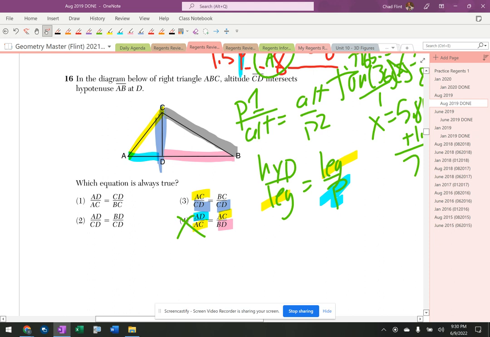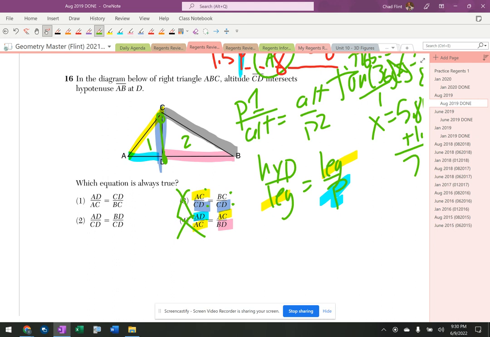But here's the problem: in triangle number one, CD is not the shortest side, but in triangle number two, it is the shortest side. So this doesn't work, because it's longest side over middle side, and then longest side over shortest side, which is not going to work in this triangle.